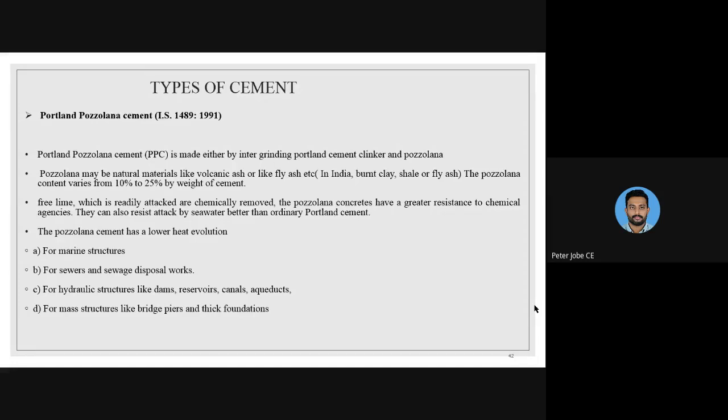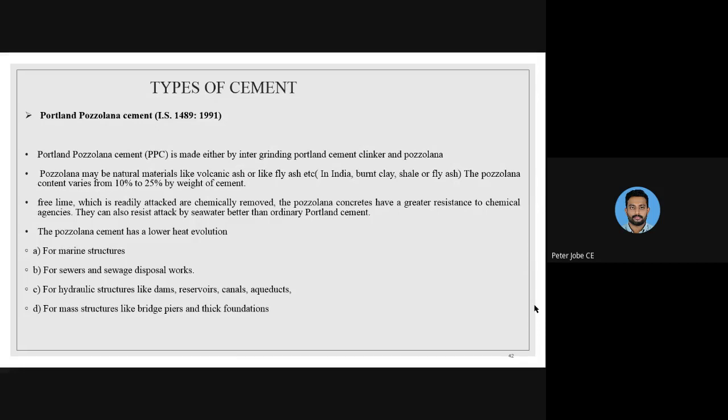Portland pozzolana cement is designed to be used in marine structures and sewers. Why marine structures? Because seawater attacks, and in order to resist seawater attacks, we use it in marine structures, and for sewers and sewage disposal works, because sewers will have a lot of chemicals, from industrial waste or domestic waste. You don't know what type of chemicals are coming into the sewers.